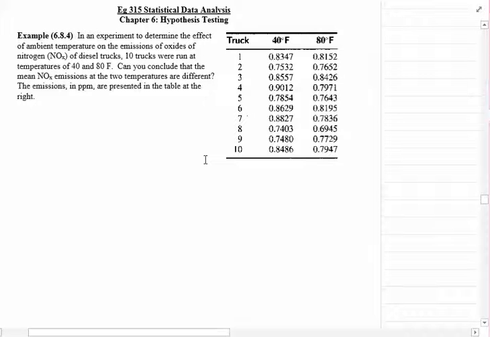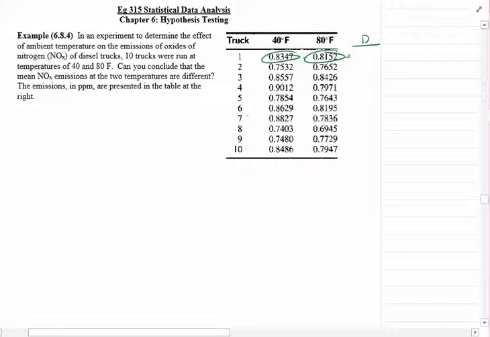The difference between the trucks. Yeah, the difference between the trucks. Right, so they see this truck-to-truck variation seems quite large. So for each truck, they tested it at both temperatures. Because of that, we want to look at taking the differences between the paired measurements.